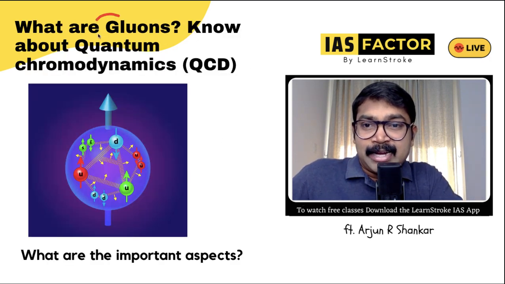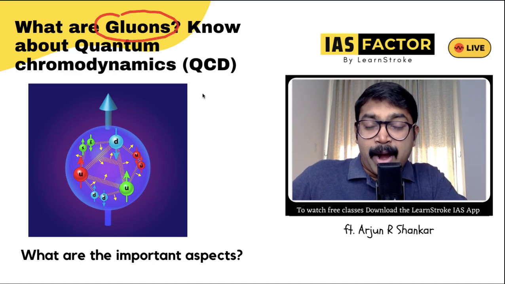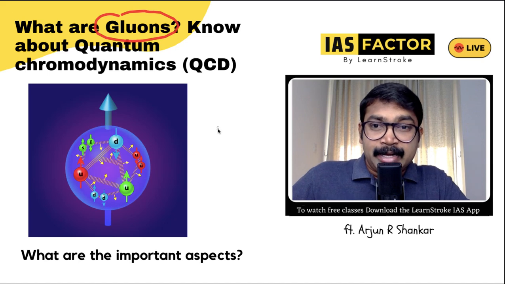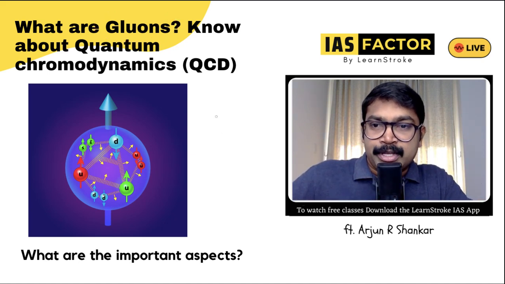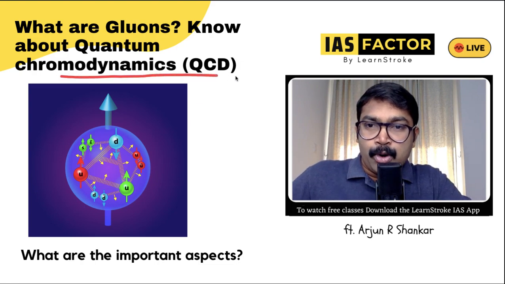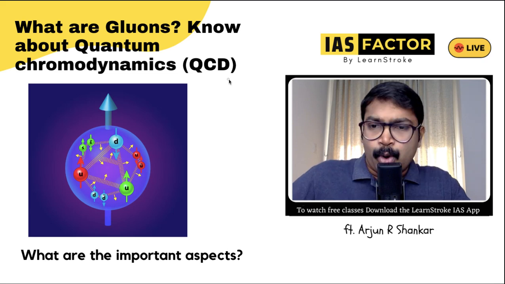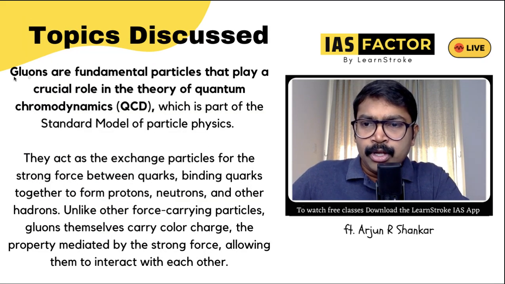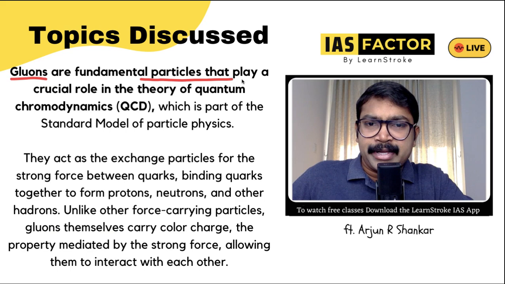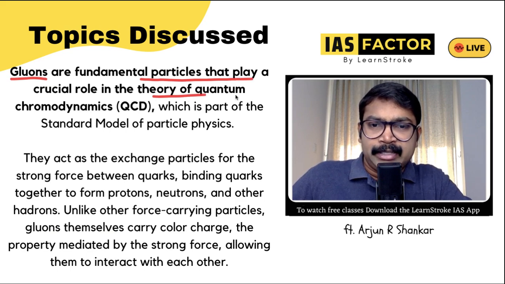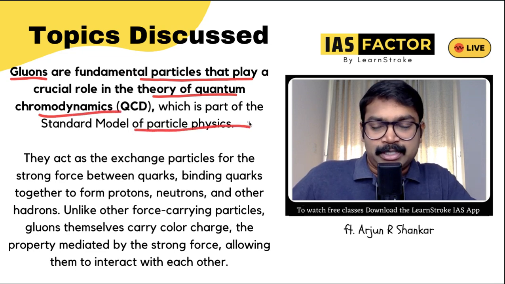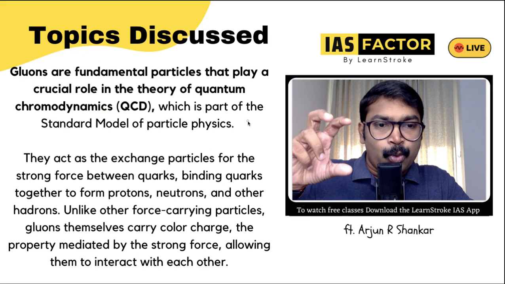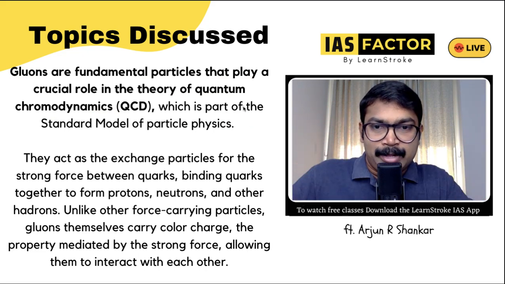Now let's understand what gluons are, the particles mediating quark clumping, and what quantum chromodynamics is. Gluons are fundamental particles that play a crucial role in the theory of quantum chromodynamics, which is part of the standard model of particle physics. Please know, gluons help quarks clump together.